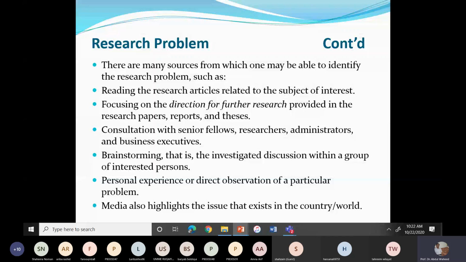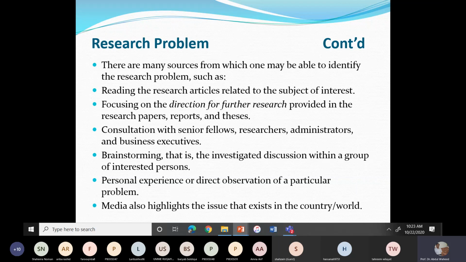You see, there are research journals, and in research journals they publish research articles. Normally what we do, we start from the recent issue of the journal, and then we go back. Look at the current issue of that journal. You will see on which topic more research is done, or what are the issues that are highlighted in those research papers. So you will be able to find out your research problem.